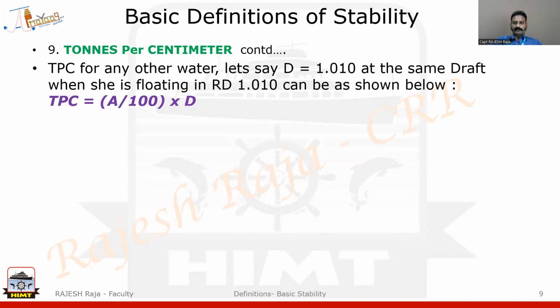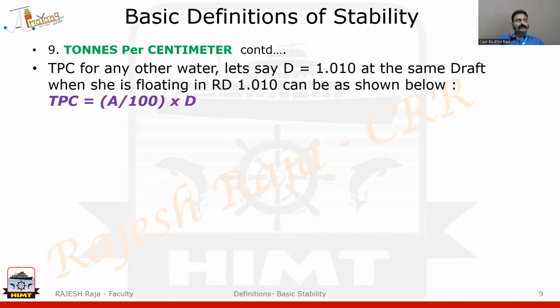Now, let us see how I can change or calculate this value when I'm floating in some other water. Let us say the previous example, which I gave you, 25 tons. For an example case, let us say I was at a 5-meter draft and my TPC was 25 tons per centimeter.